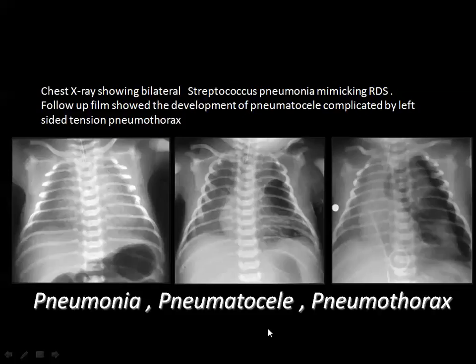And sometimes these pneumatoceles may rupture to form a pneumothorax like this. This is the start of the disease, pneumonic consolidation on the left side, followed by the formation of a pneumatocele, and this pneumatocele has ruptured, forming a pneumothorax which is compressing the underlying lung.